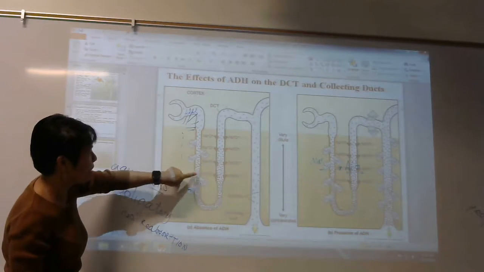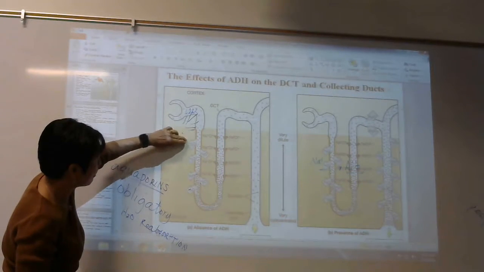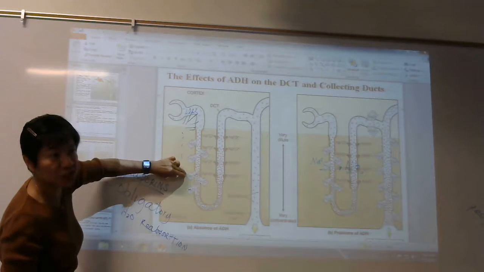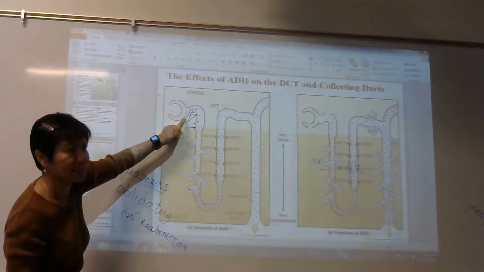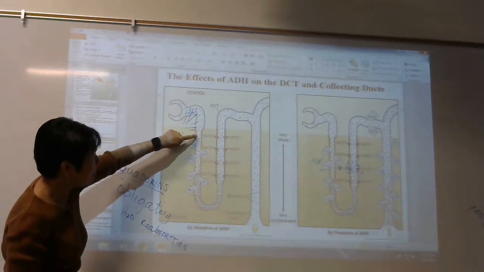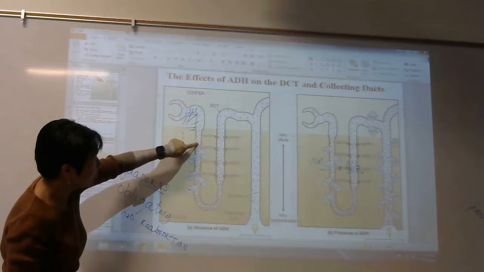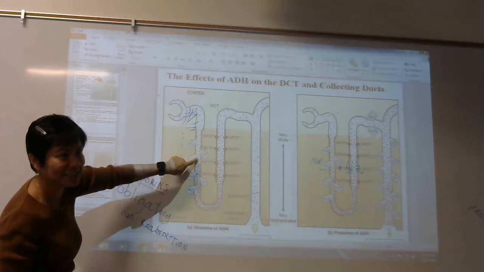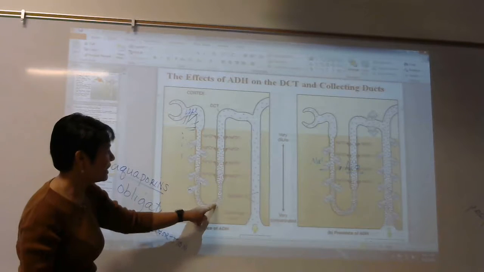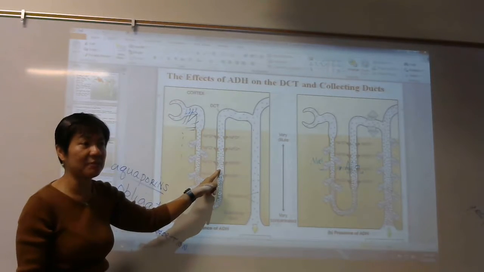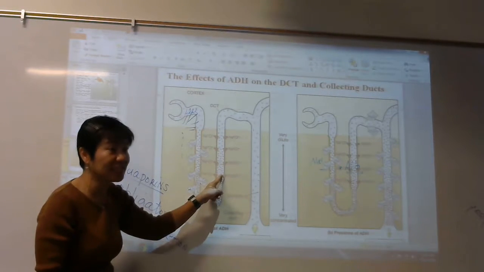Water will move by osmosis because you have a concentrated interstitial fluid here from what you reabsorbed up there. Amazing. And that's how you create concentration here. You're still able to maintain concentration here. So by the time you get to the ascending limb, it's very concentrated.